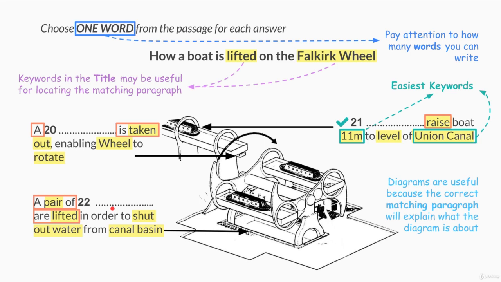Now, let's go ahead and start to answer this question set. I want to start off by answering number 21. Once you have located the matching paragraph, at this point, you would start to scan the reading passage for these keywords.